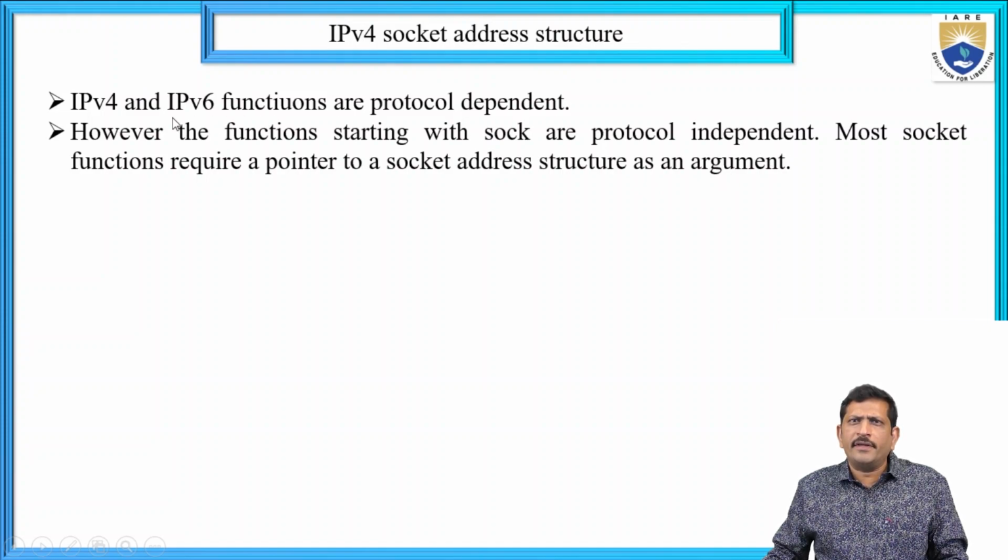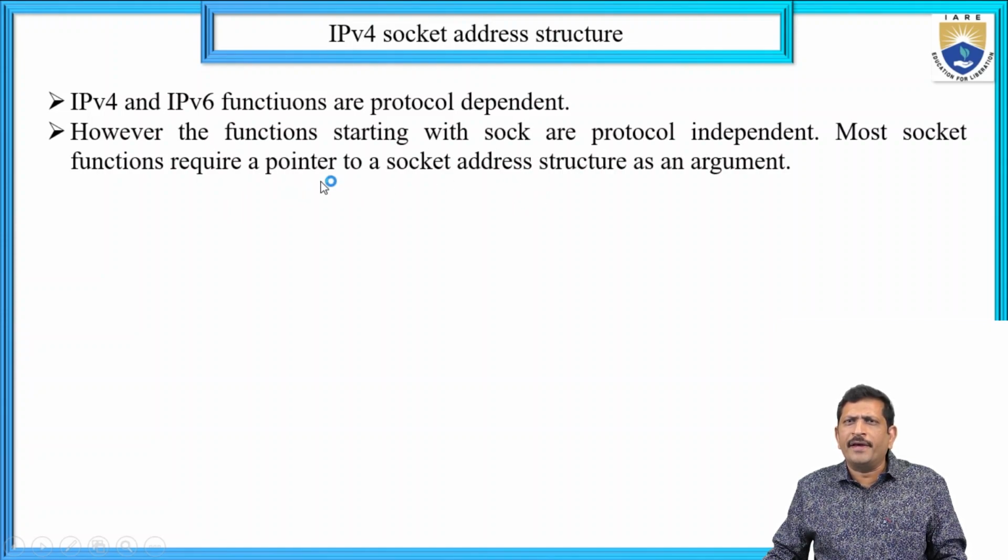Without the socket, if these functions are communicating, they are protocol dependent. Once the socket is established at the client side and server side, we can say these two are protocol independent.